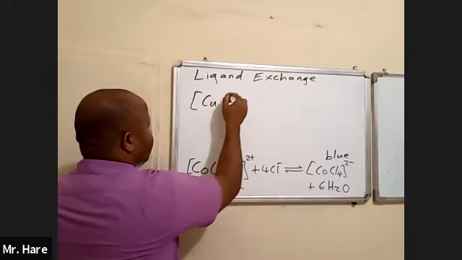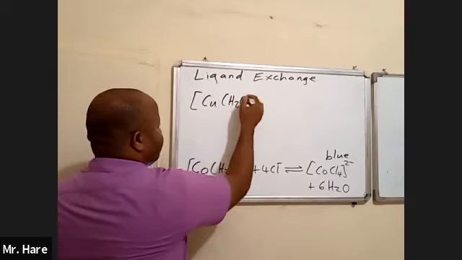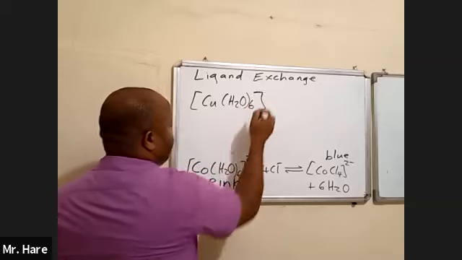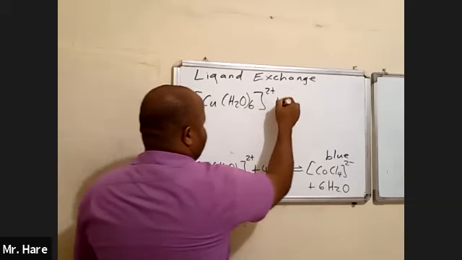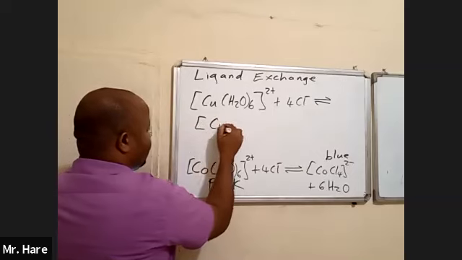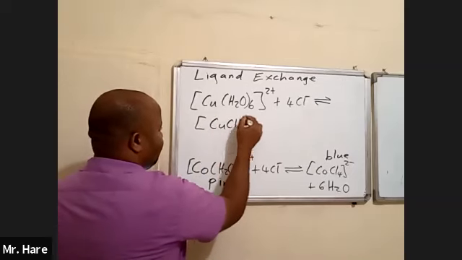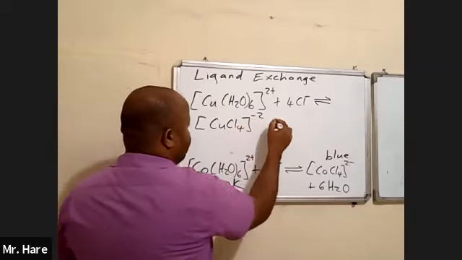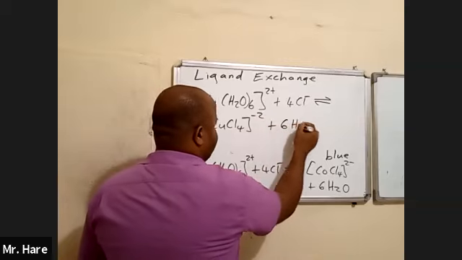So you have copper with H2O, and if we add the chloride ions, we will get CuCl4 2- plus the 6 H2O.